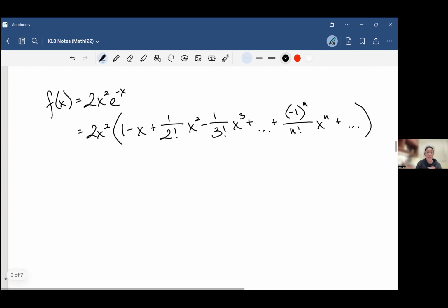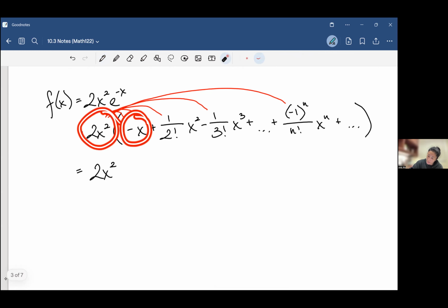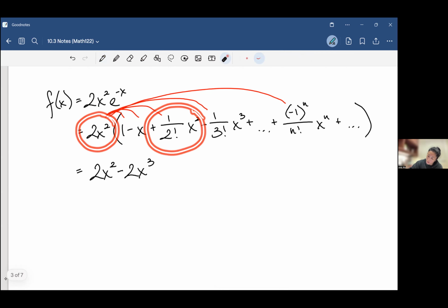All right. The only thing we have to do, again, if this is a homework question, just distribute however many terms they tell you, which is usually 4. We're just going to take this 2x squared and we're going to distribute it to all the things on the inside. All right. 2x squared times 1 is 2x squared. 2x squared times -x is minus 2x cubed. 2x squared times 1 over 2 factorial x squared.